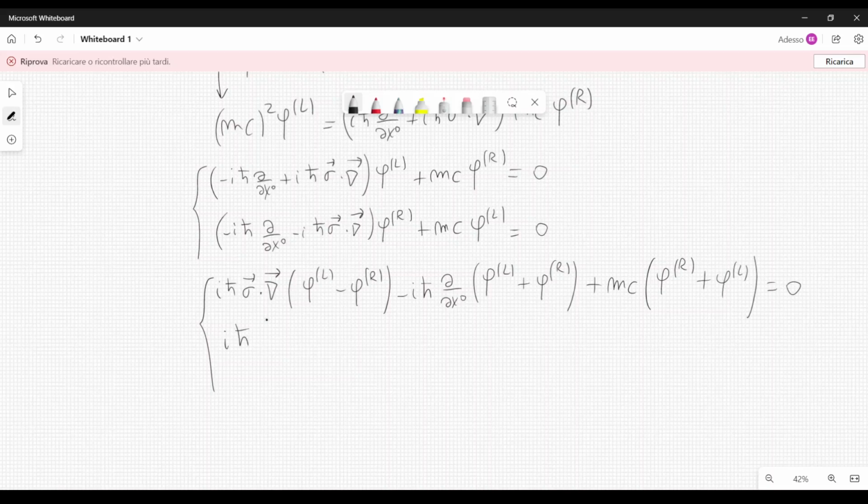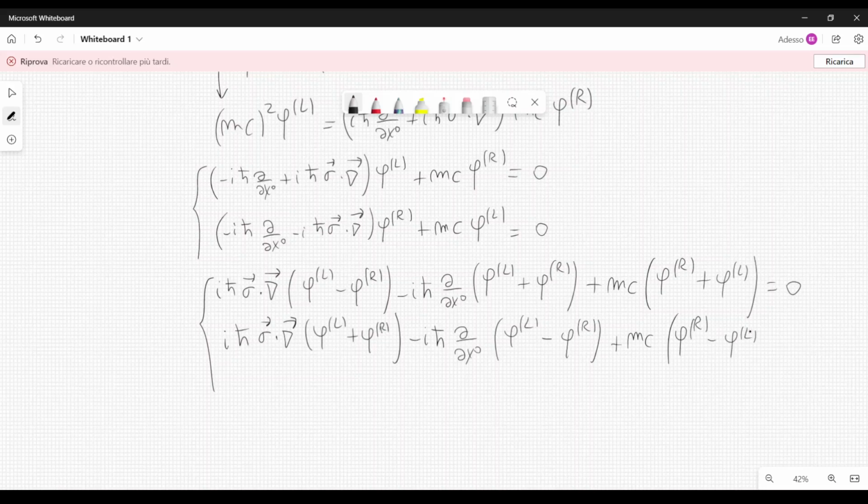And the other one is i h bar sigma dot del of phi_L plus phi_R, minus i h bar d over dx0 of phi_L minus phi_R, plus mc phi_R minus phi_L equal to 0.